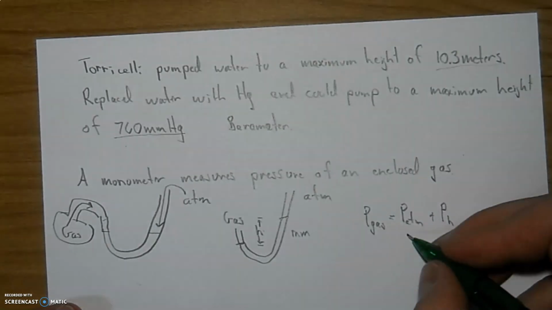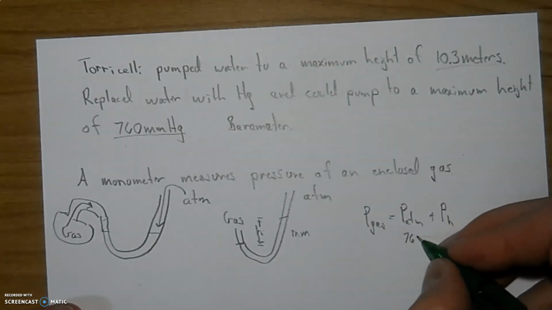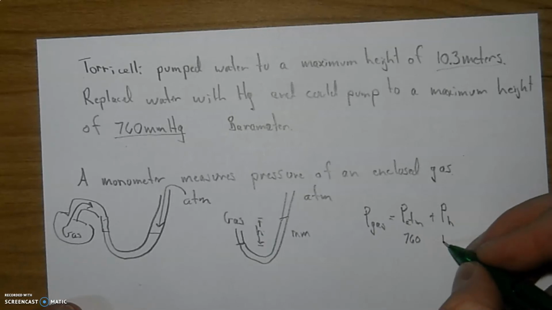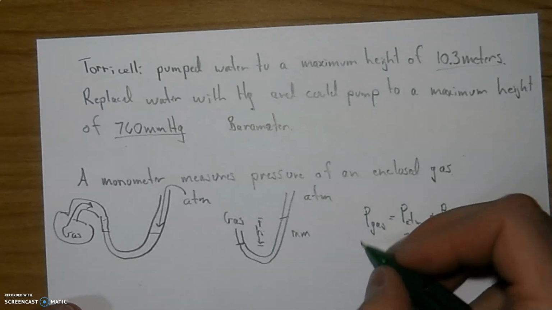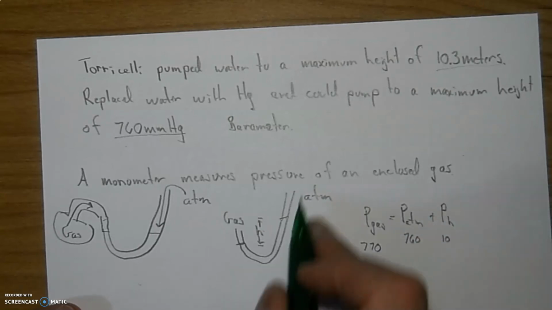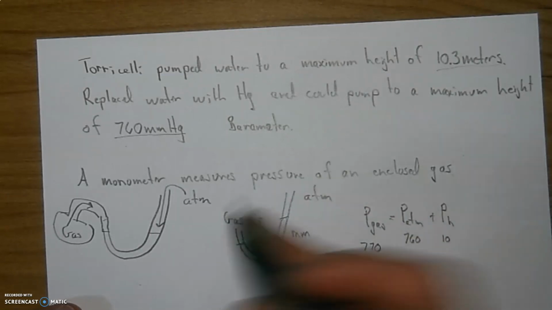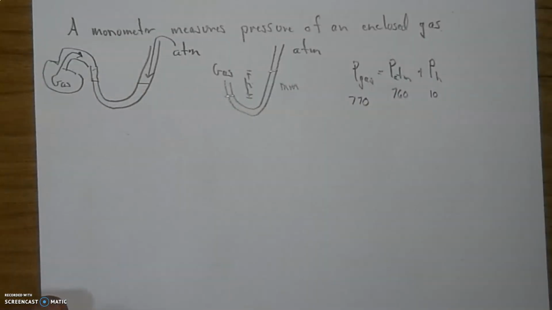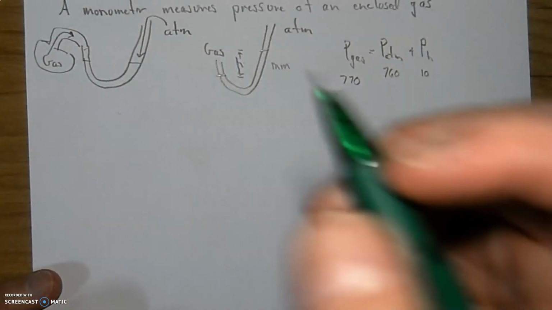So if this is 760 and I don't know, we want to call this 10, the total pressure of the gas would be 770. And of course, this could go the opposite direction if the atmosphere is pressing more than the gas. So it could go in either direction. Easy enough.